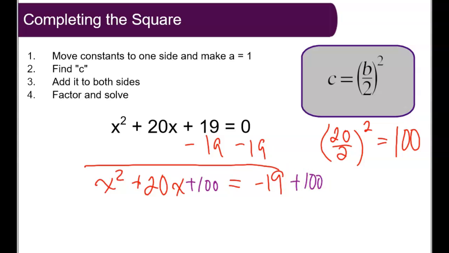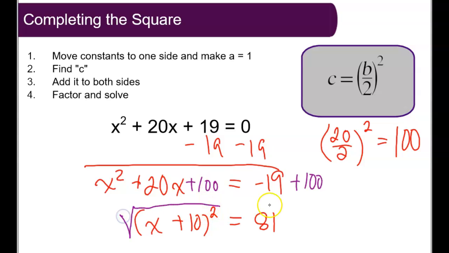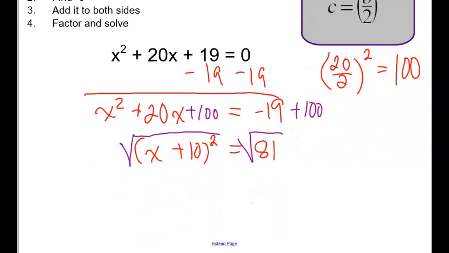And now, how can I factor x squared plus 20x plus 100? That is a perfect square trinomial, x plus 10, that whole quantity squared, and that's going to be equal to 81. To solve for x, what I want to do is take the square root of both sides of this equation. And the square root of that quantity x plus 10 squared is just x plus 10.